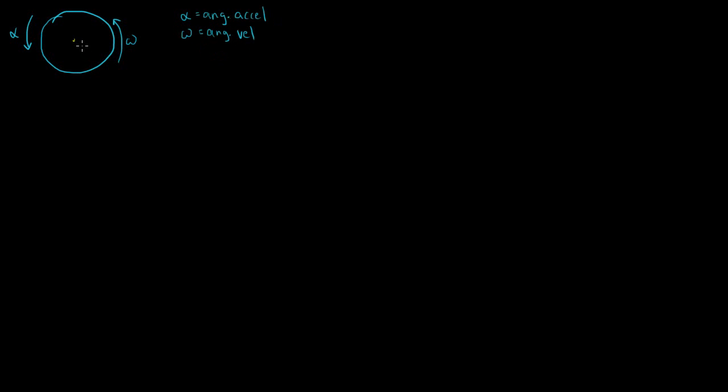We just need to define one more thing. If this is point O, this right here is going to be theta, and theta is just going to be our angular position.